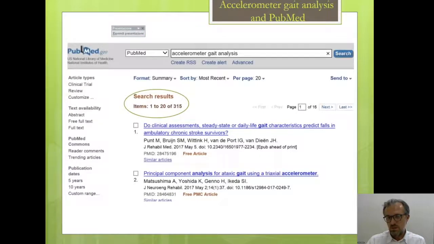This type of technology, as we probably know, is strongly supported by the literature. Accelerometric gait analysis is supported by more than 300 papers published in PubMed.